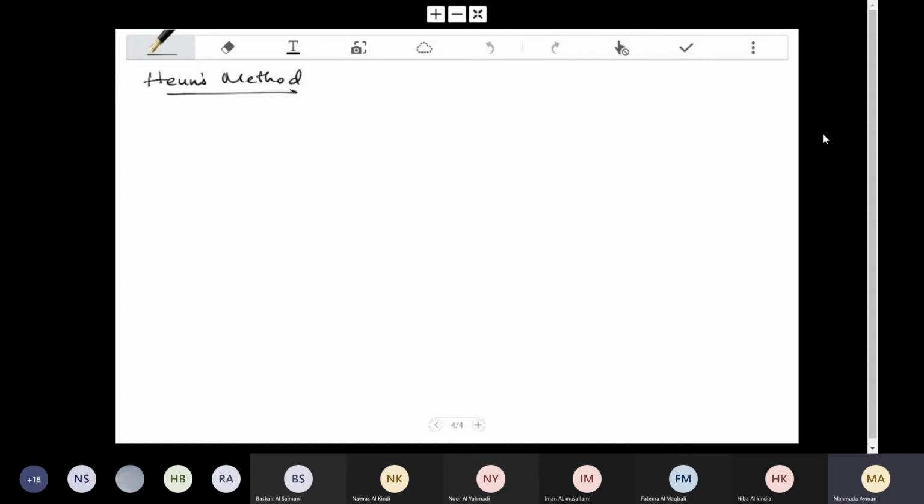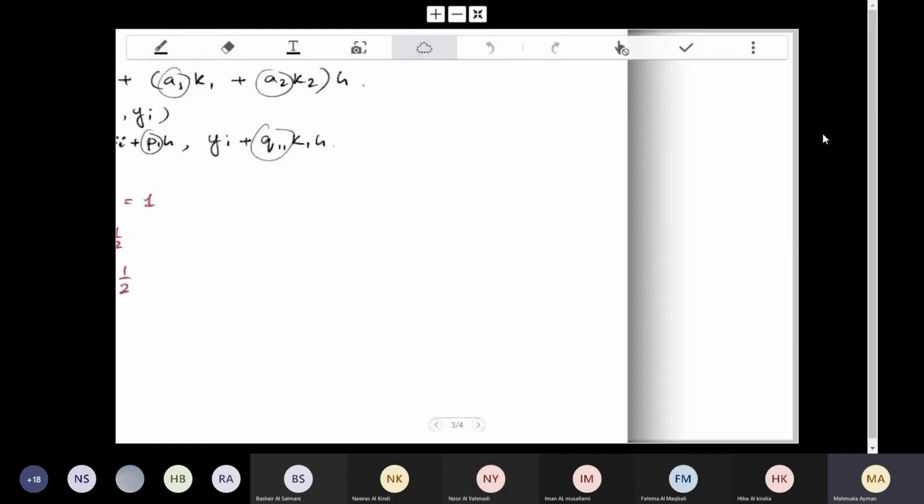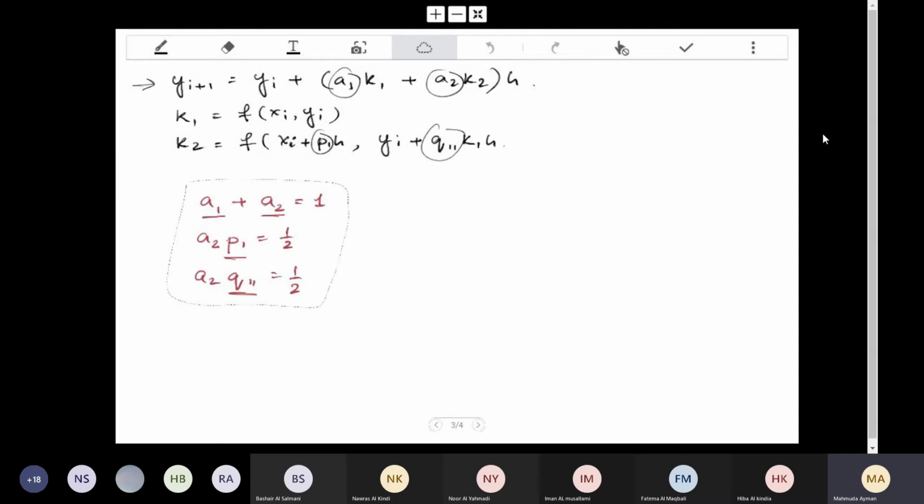Now, for the Heun method, as we were allowed to choose a value, what Runge-Kutta could choose for the Heun method was that a2 they chose as 1/2. I'll take these equations back so it's more clear.